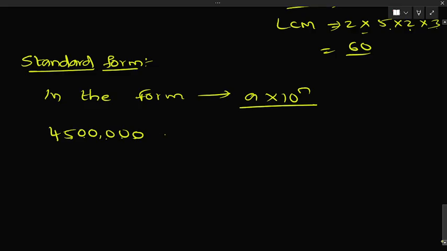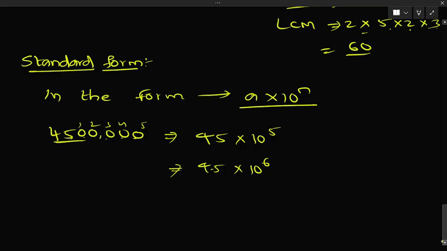So taking the digits, neglecting the zeros, I am considering 45, and after that I count 1, 2, 3, 4, 5 zeros. So 45 into 10 power 5. Or else we can write it like this also, 4.5 into 10 power 6.